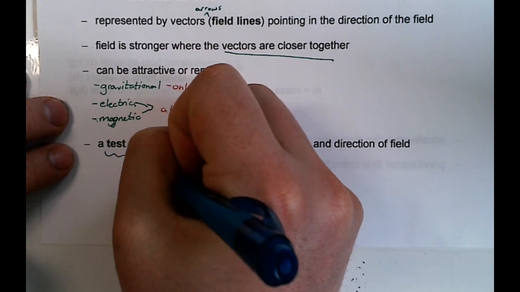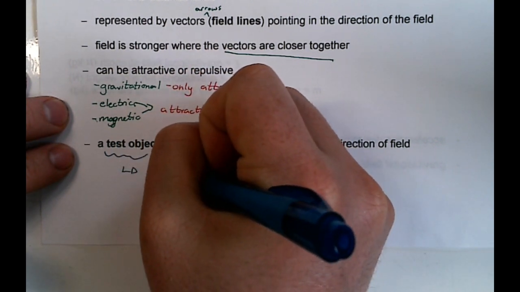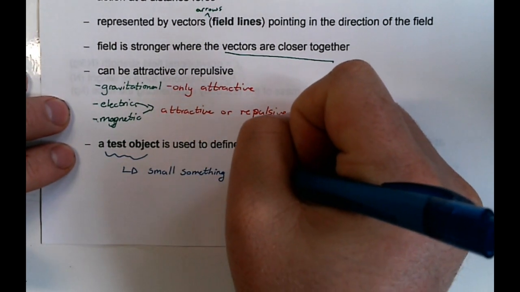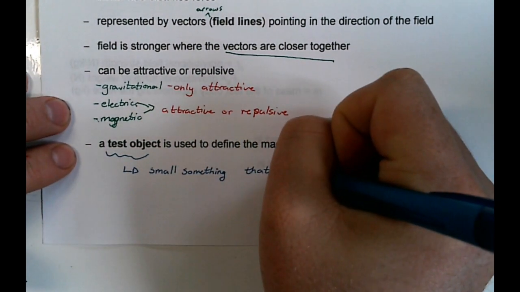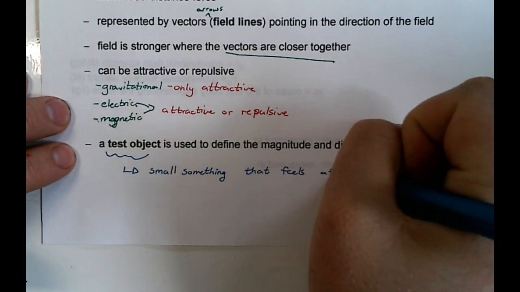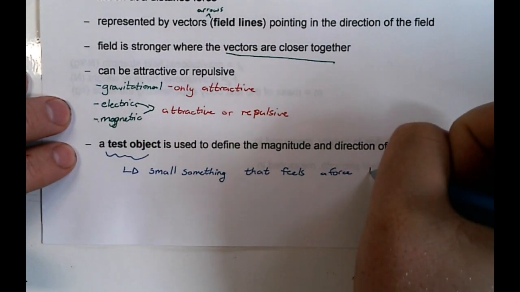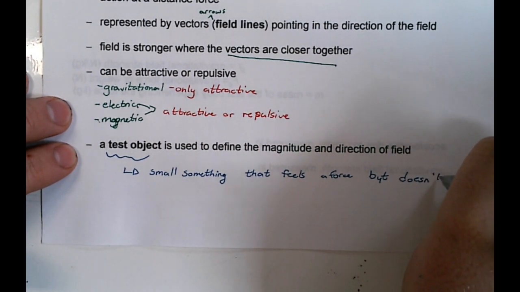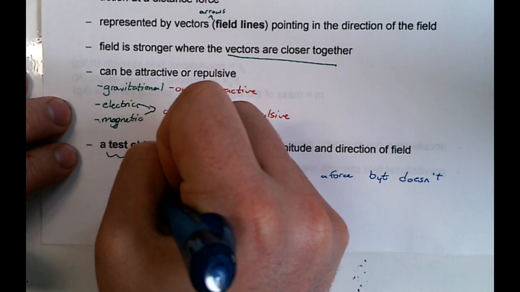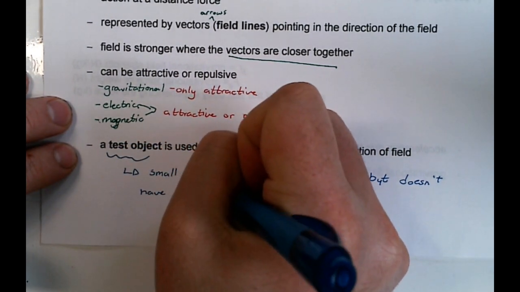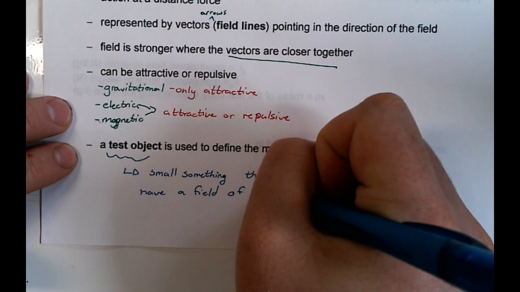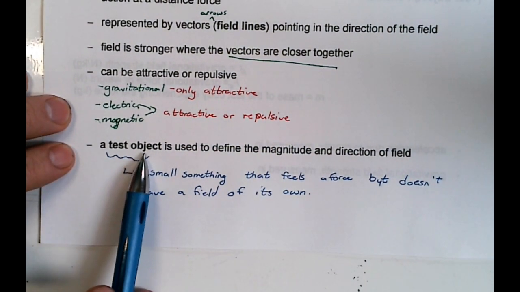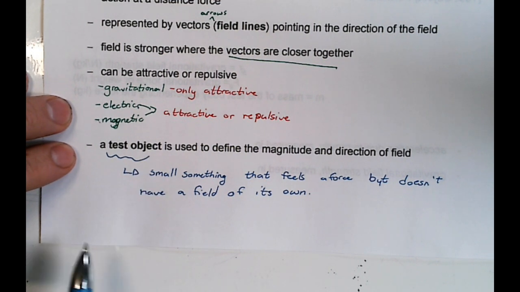So it's a small something, not necessarily an object, that feels the force but doesn't have a field of its own. It's almost like an imaginary or make-believe object somewhere.